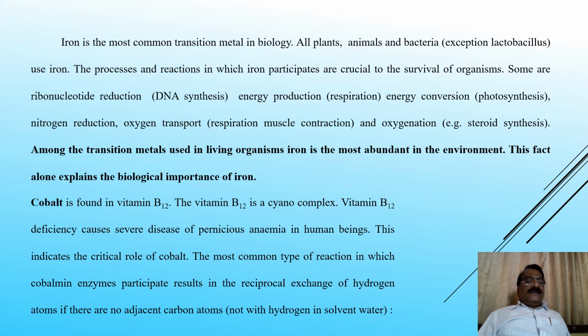Next metal, cobalt. Cobalt is found in vitamin B12. Vitamin B12 is a cyano complex. Vitamin B12 deficiency causes several diseases such as pernicious anemia in human beings. This indicates the crucial role of cobalt.